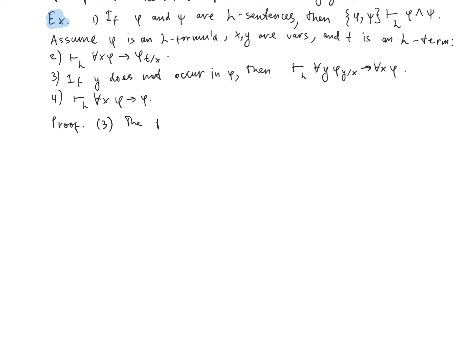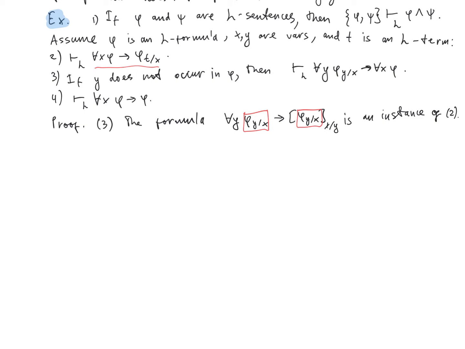So the formula for all y phi with y replacing x implies the formula phi with y substituted in the place of x, and then substituting x in the place of y, is an instance of case 2 with the formula phi with y substituted in the place of x in the place of phi in the statement of 2.